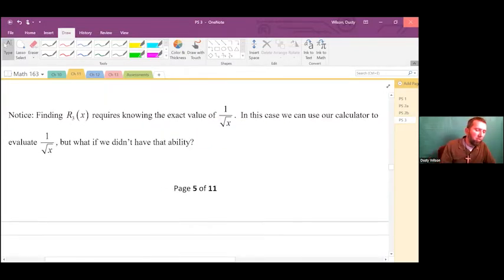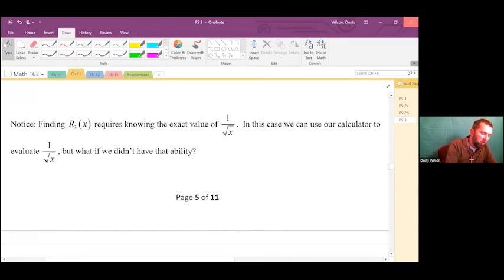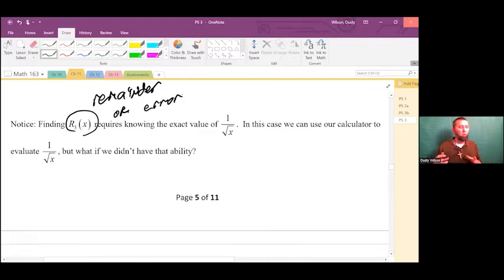So notice that finding R of 3, this is the remainder, or you might call it the error, requires either evaluating an infinite sum, which is difficult, or knowing an exact value, in this case the exact value of 1 over square root of x.